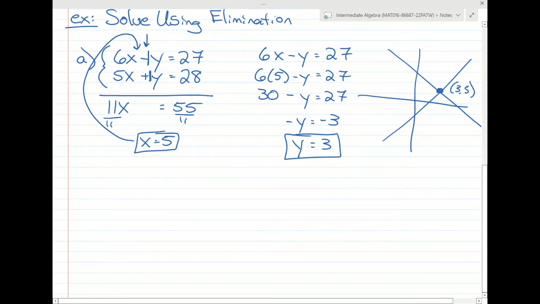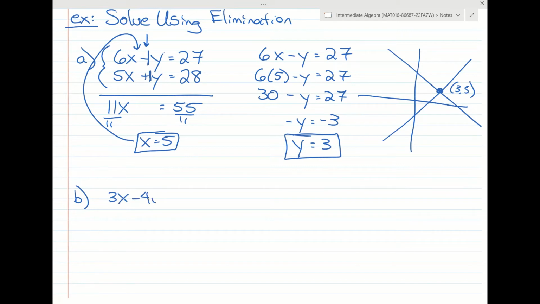Sometimes elimination takes a little bit of work. So what if we had a problem where it's 3x minus 4y is equal to negative 11, and 4x plus 5y is equal to 6. Just looking at it, we don't have the same numbers, so we have to make a decision. The decision is, do you want to eliminate the x's or the y's?